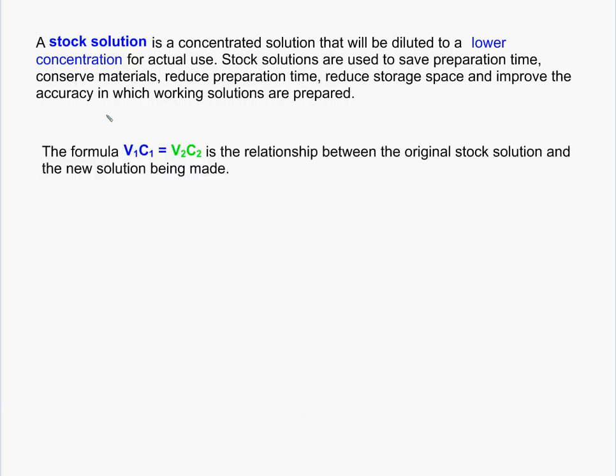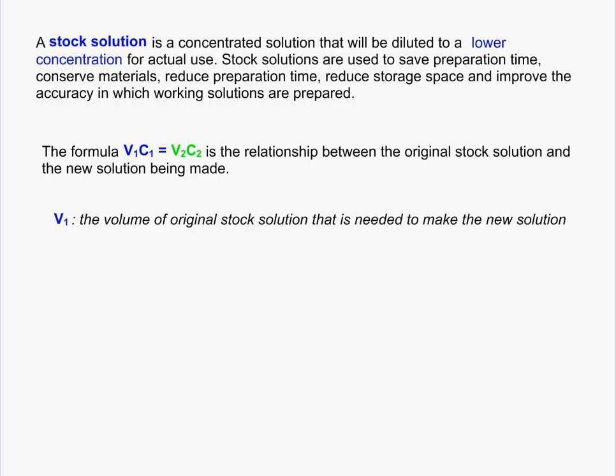When we're working with stock solutions to make a new solution, we use the formula V1 times C1 is equal to V2 times C2. V1C1 is the volume and concentration of the stock solution, and V2C2 is the volume and concentration of the new solution being made.